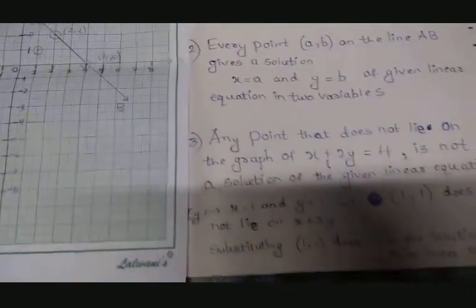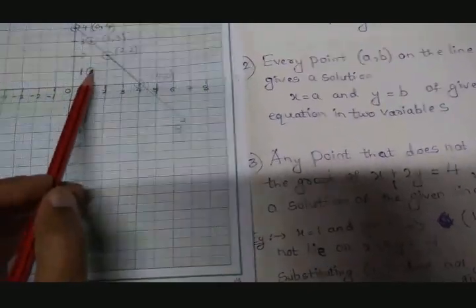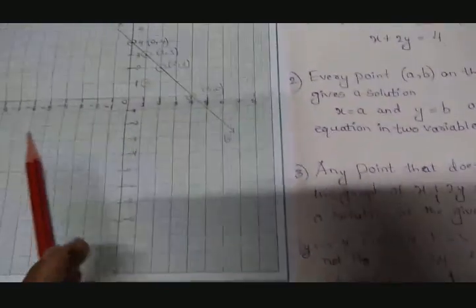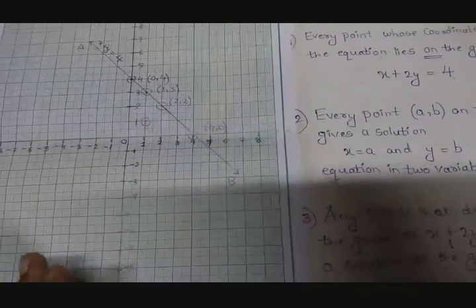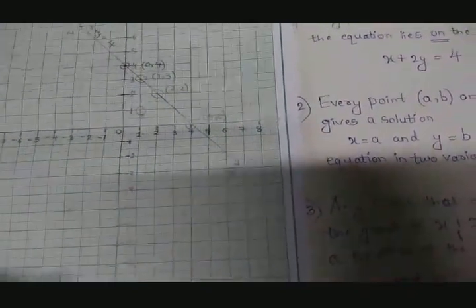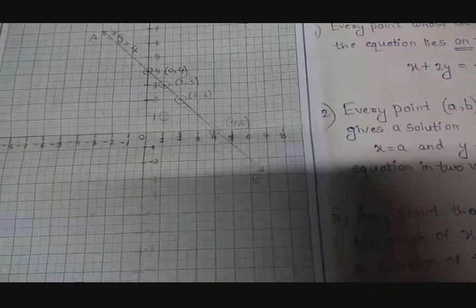That is, these particular points, when substituted in the given linear equation, give the solution of the given linear equation. And the third and important point is, if you substitute any coordinate that is under the graph or above the graph and check whether it gives the solution of the linear equation or not, it 100% does not satisfy the given linear equation in two variables.